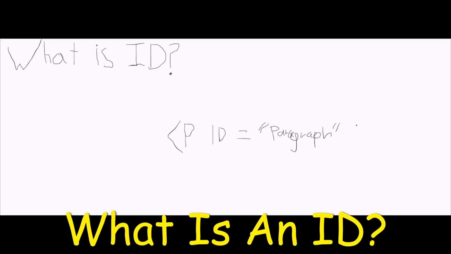Then I need to close it, and I also need to end it. Now right here, what word do you want to use CSS on? Do you want the word to be paragraph? I prefer it to be paragraph.